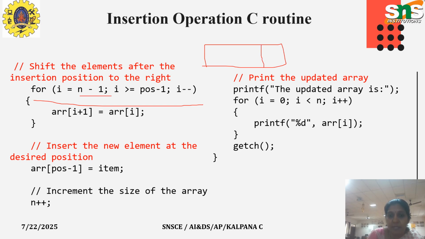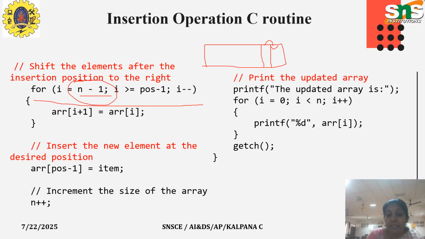The last element is pushed to the next location, something like this. Okay, so we represent the last element as n minus 1 here, and we are going to start this shifting process from the last index. So we are representing I is equal to n minus 1. So this n minus 1 represents the last position.